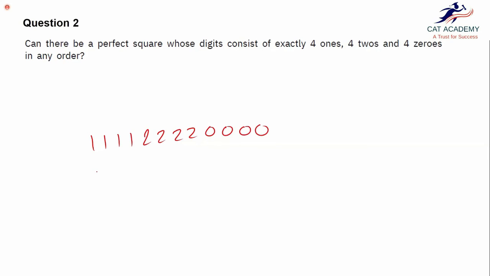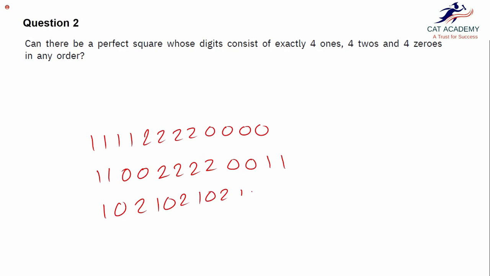The number could be like this, or like this, or like this. Any type of number would be there, some random combination of 4 ones, 4 twos, and 4 zeros. That means, can any of these arrangements be a perfect square?